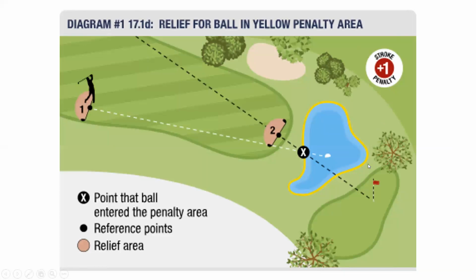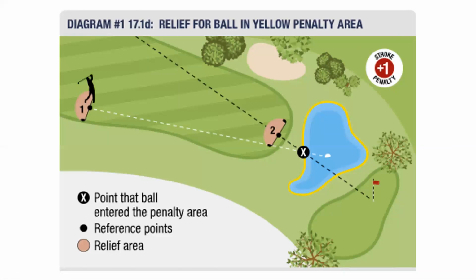Player hits the shot from the fairway here, ricochets off this tree, comes back and crosses right here. So this is my X marks the spot, and my line back is going to go right on this line here. And then at some point I'm going to be able to take my one club length no closer. That's correct. So you don't have to shoot over the hazard in that scenario.